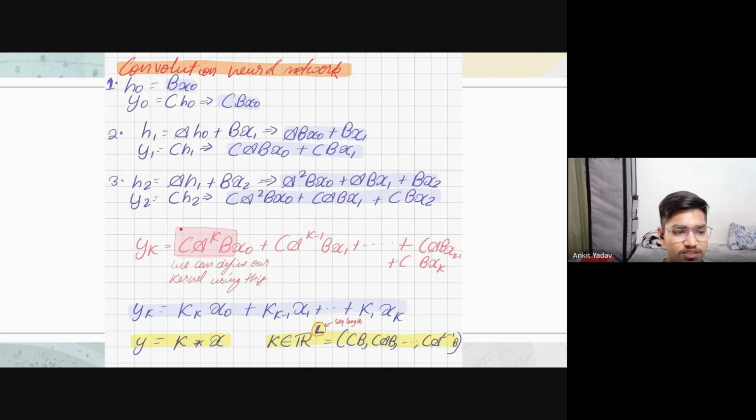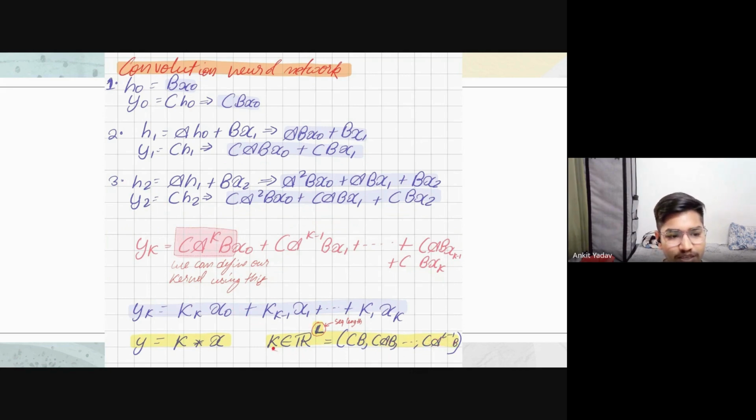We can define this as our kernel now. Whatever we were saying previously, the filter or the kernel, is now the kernel here. So how can we generalize this yk now? If I say my kernel is K, which is related to the length of the sequence, it will have CB, CAB, and so on, up to C A^(k-1) B, C A^k B, going to C A^(L-1) B. It will go like this.